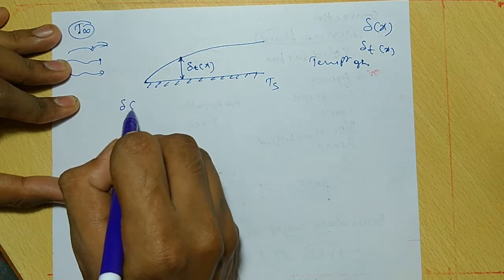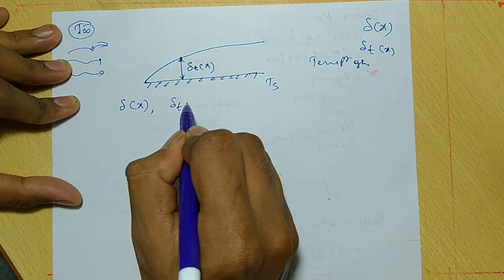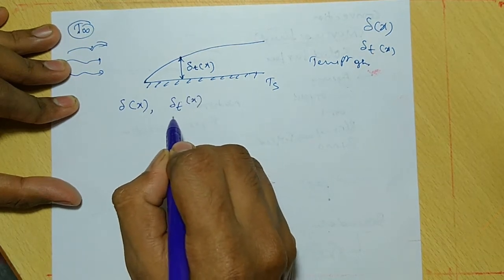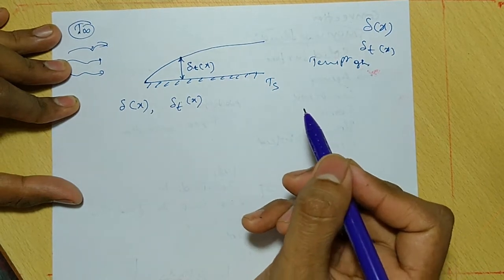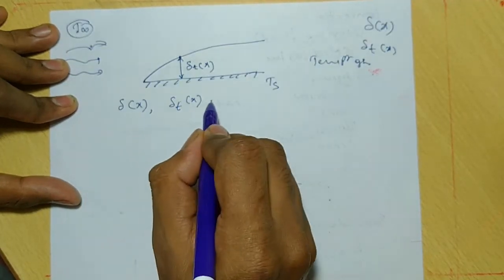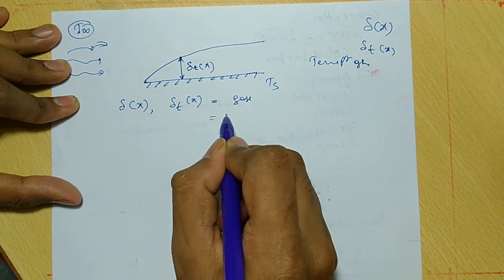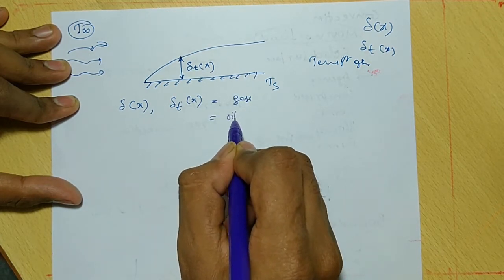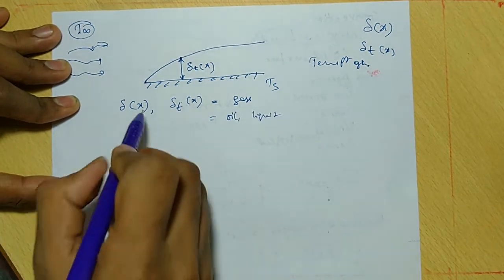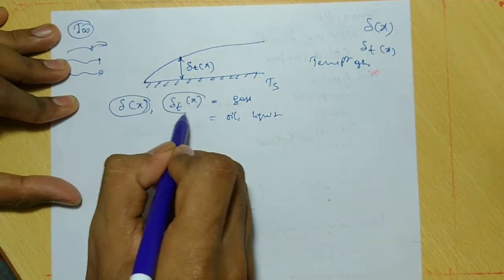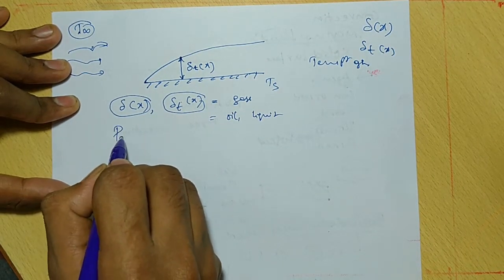This delta of x, the velocity boundary layer, and delta T of x, the thermal boundary layer, are different for different fluids. These two values are different for gases, different for oils, different for liquid metals. Likewise, delta x and delta T of x depend upon the Prandtl number, Pr.